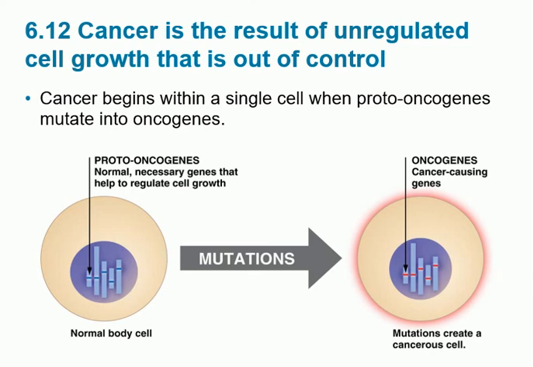Onco means tumor, translation: cancer or tumor. Are we following? What are proto-oncogenes? This is the part of the genes that's protecting you from cancer. If this part of the gene that's regulating the genes changes, the proto-oncogene will become an oncogene.